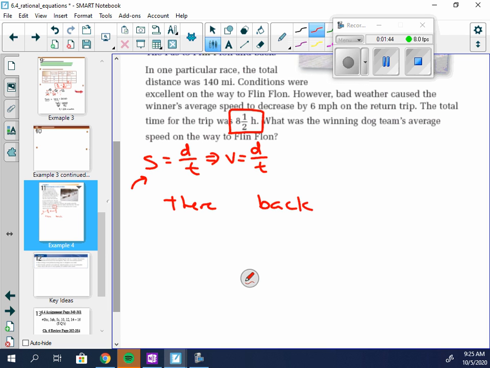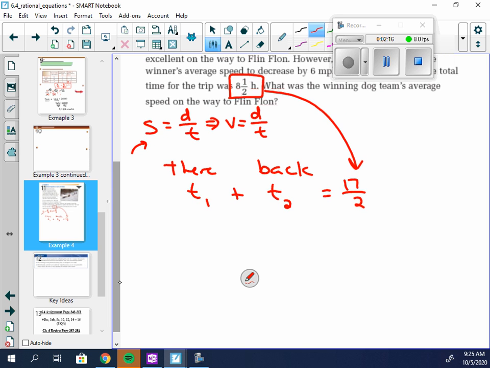What we need is the time there, T1, plus the time back, T2, and that should equal 8.5. What's another way to write 8.5 if I need a fraction? 17 over 2. Is that right? Yeah, because 16 over 2 would be 8, and then the other half, 17 over 2.